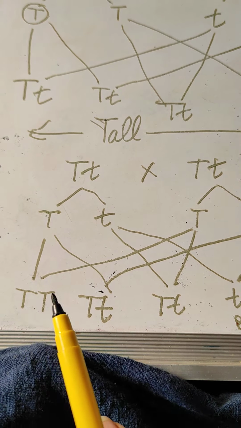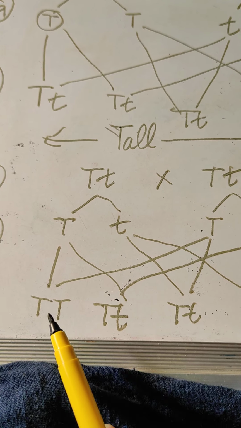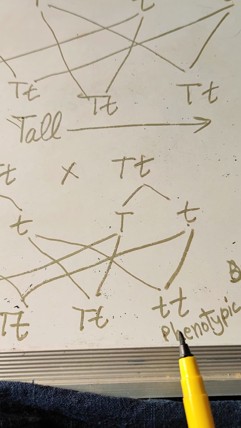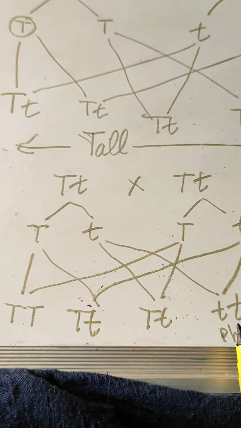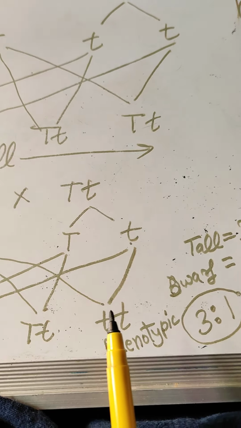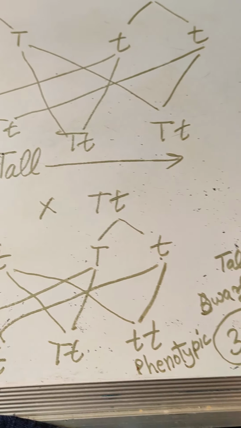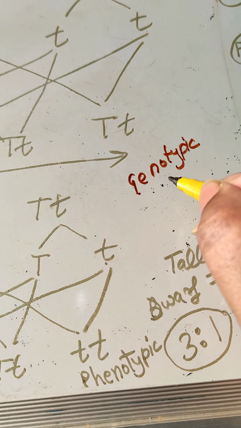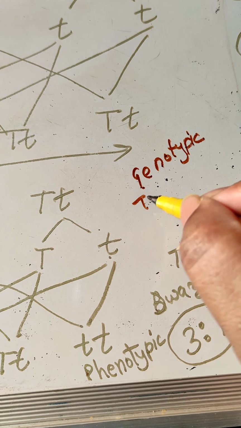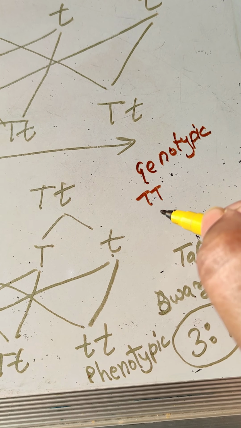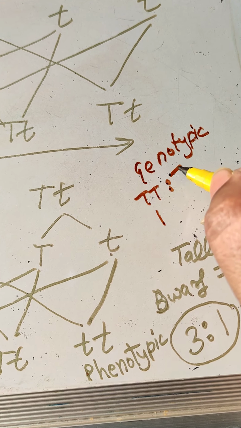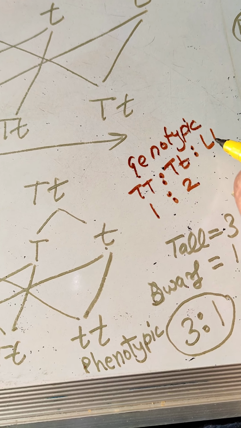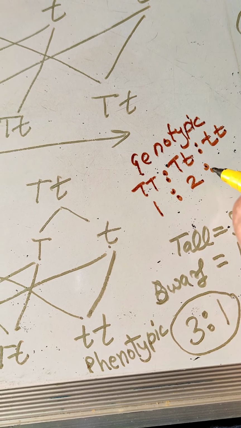But in case of genotype, we say homozygous dominating 1, heterozygous 2, and homozygous recessive 1. So the genotypic ratio is homozygous dominating 1, heterozygous 2, and homozygous recessive 1.